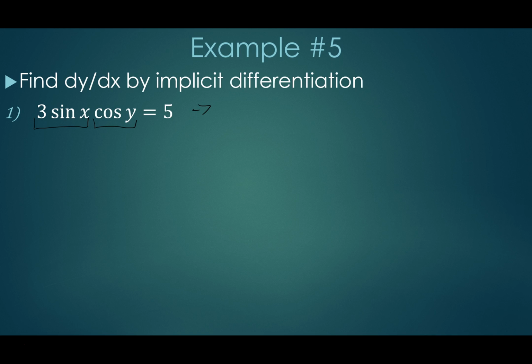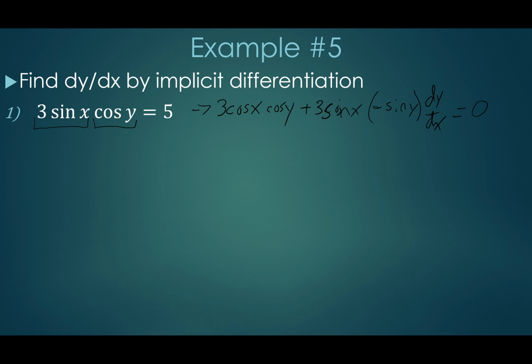So the derivative of 3 sine x is going to be 3 cosine of x times our second expression, cosine of y, plus our first expression, 3 sine of x, times the second, well, the derivative of cosine is negative sine, and the derivative of y is dy/dx. The derivative of 5 is 0.